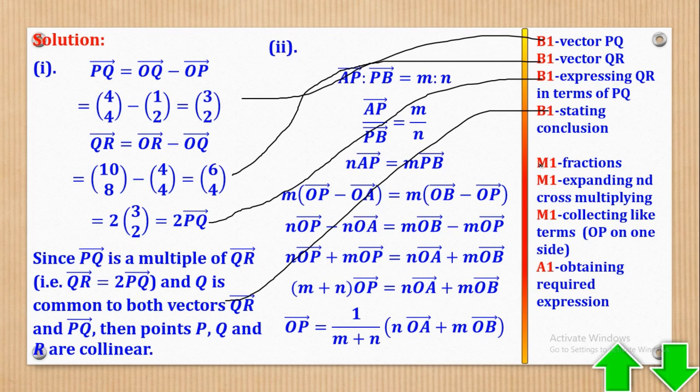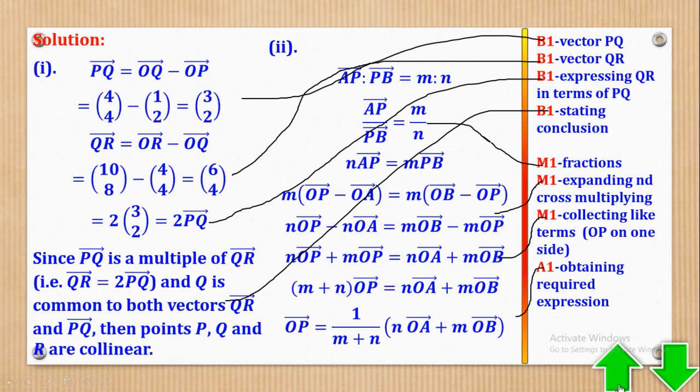Then here M1 for the fractions, then this M1 for expanding and cross multiplying, so it is given at this point. M1 for collecting like terms, putting OP on one side, so it is good at this point. Then A1 for obtaining the required expression.